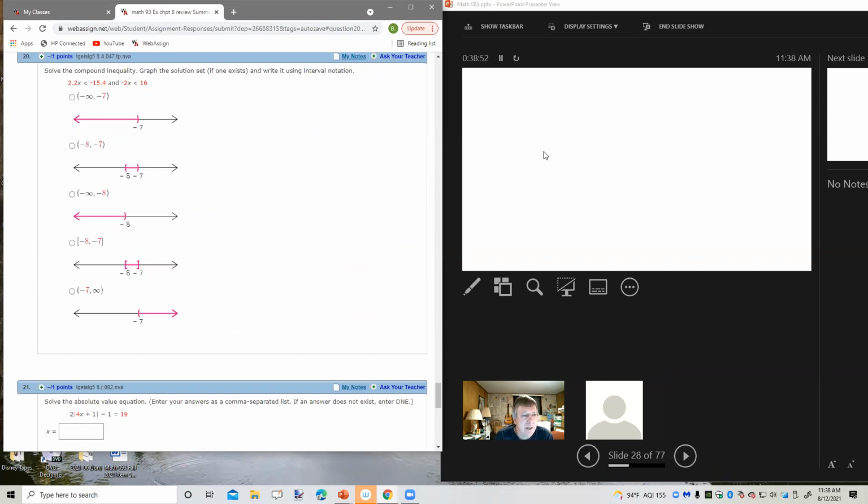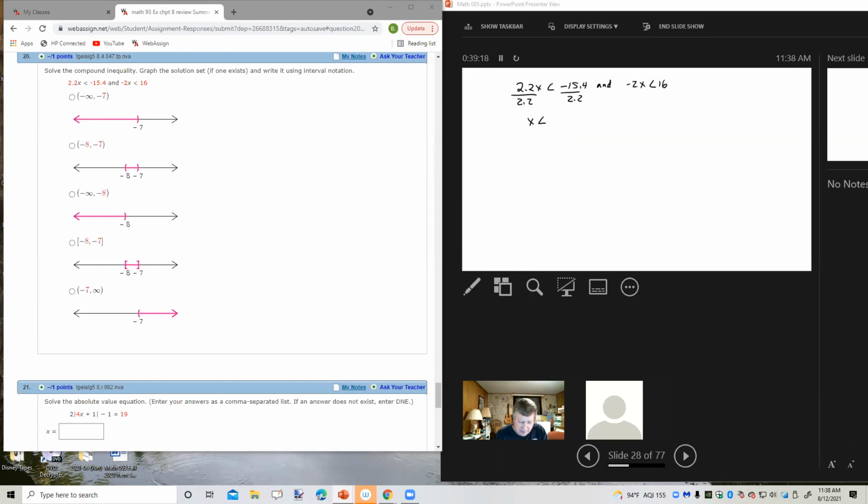Solve the compound inequality. Graph the solution set if one exists and write it using interval notation. 2.2x less than -15.4 and -2x less than 16. So the first one, I'm going to divide both sides by 2.2.